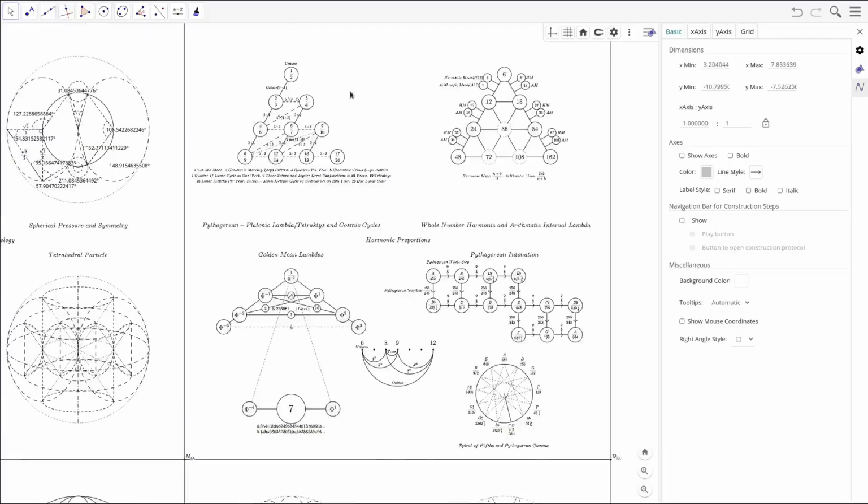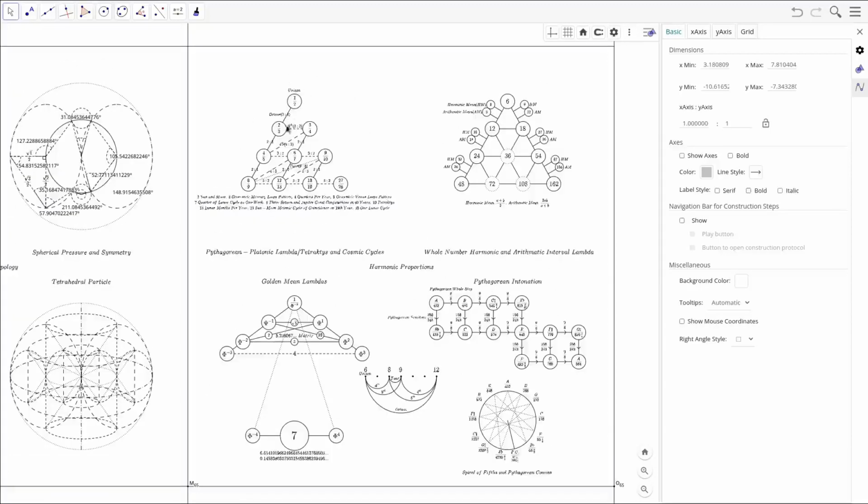Okay, so why do I have fractions inside of these circles is because, okay, the top part is just a numerical lambda, and the bottom part is the astrological, or I should say astronomical, because the Pythagoreans were more so astronomers rather than astrologers.